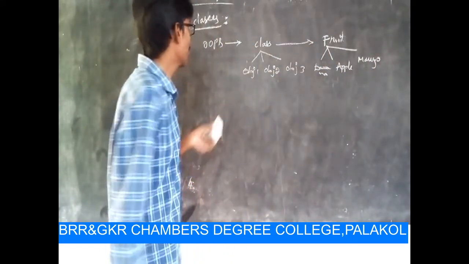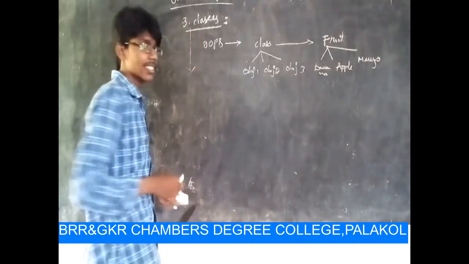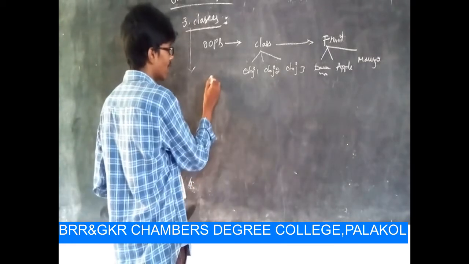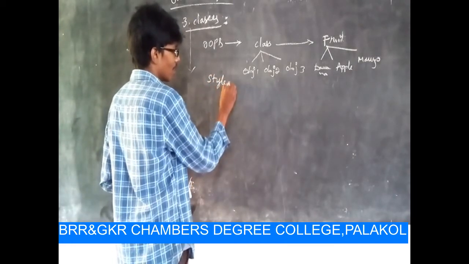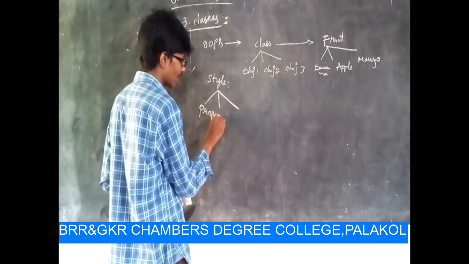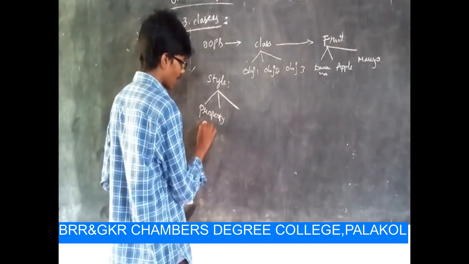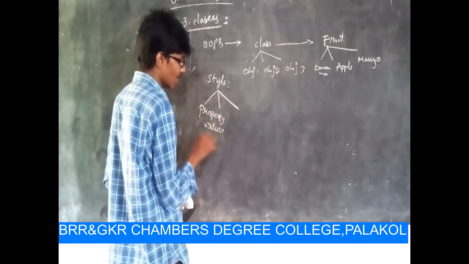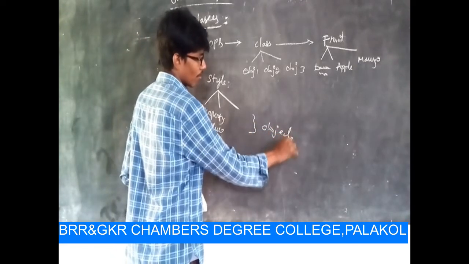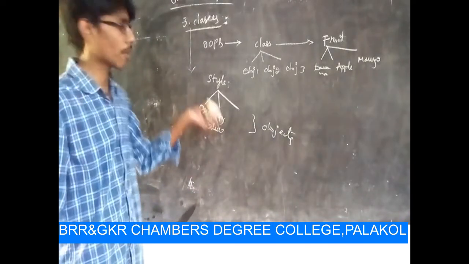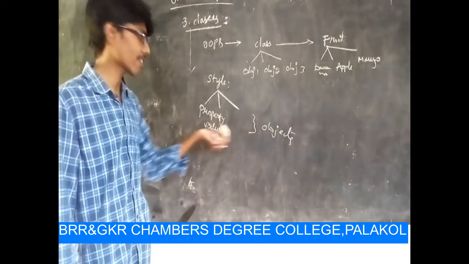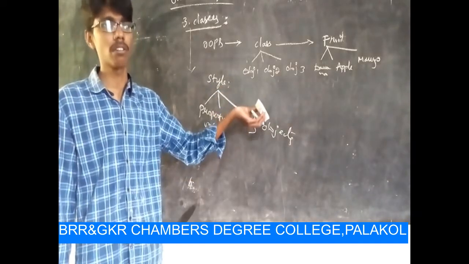By this concept, in HTML document preparation, class is nothing but the style. The different properties and their values are represented as different objects. If you represent a style for one element, there are different values representing color, background color, borders.